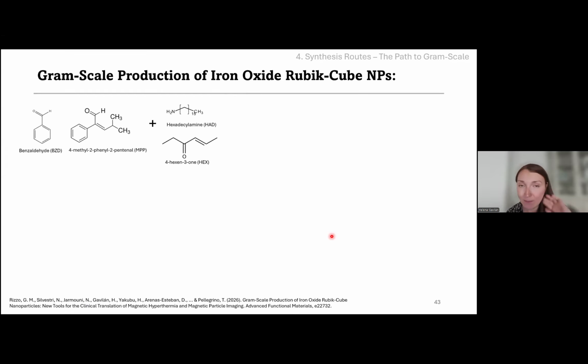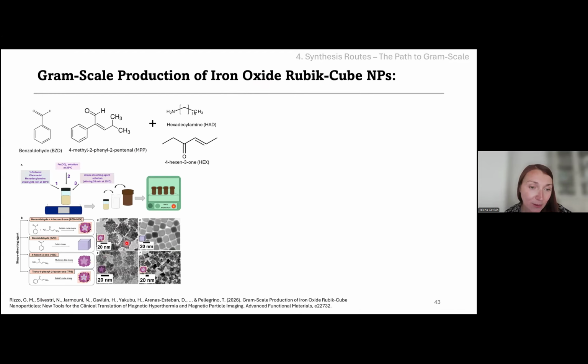The next system that I wanted to tell you about is the iron oxide Rubik cube nanoparticles. So it's basically a combination of a nanoflower or a multicore particle in a cube, okay?